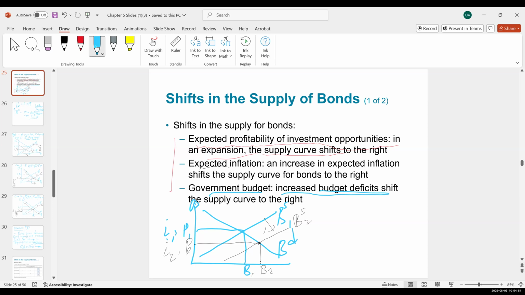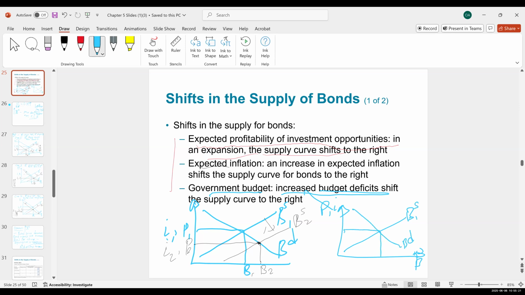So when the government increases its budgetary deficit, that means they're going to increase issuing of treasury bonds, because the government finances its deficit by issuing bonds. So the supply of bonds overall is going to shift to the right. You can draw that. This is bond quantity here, this is B1S, this is BD.